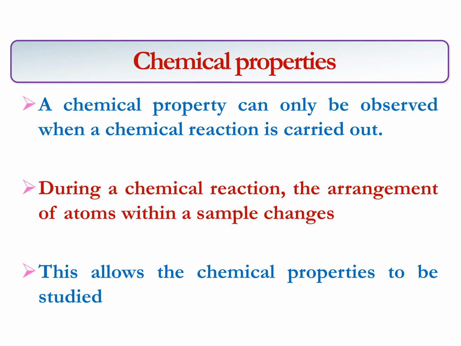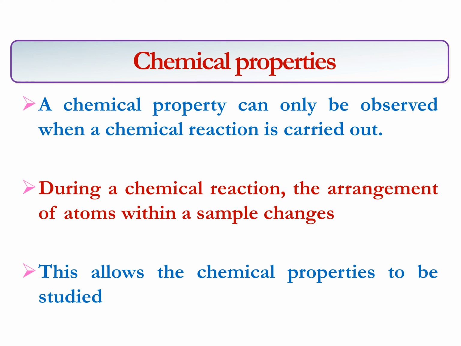So now we look at chemical properties. A chemical property can only be observed when a chemical reaction is carried out. So you cannot observe any chemical properties by mere looking at that substance. You must carry out a chemical reaction before you can study the chemical properties.